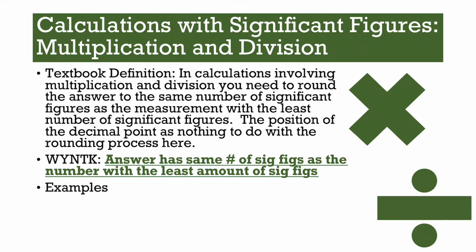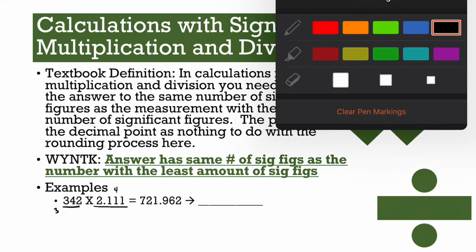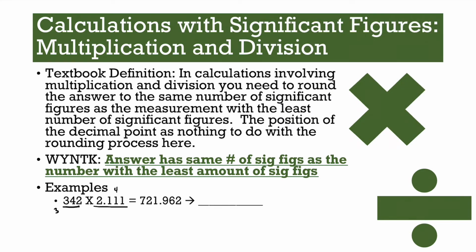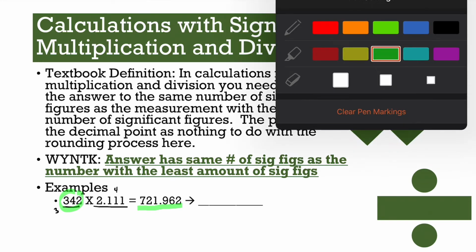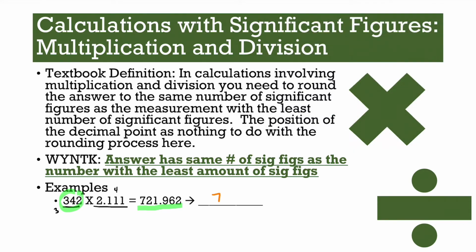Wording this is kind of hard to understand, but 342 has 3 sig figs, 2.111 has 4 sig figs. Now, which is smaller, 3 or 4? You should say 3. So that means our answer needs to have 3 total significant figures. When we round this to 3 significant figures, you get 7.22.